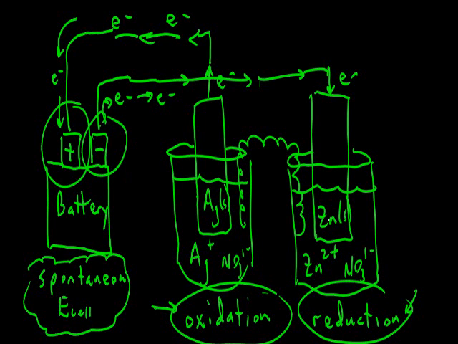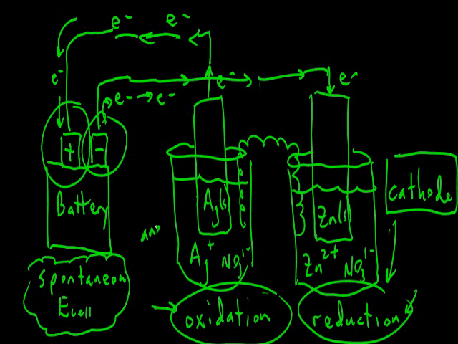Now, as with a spontaneous electrochemical cell, reduction is still the location of what we would label as being our cathode, and the oxidation is still the location of our anode in our non-spontaneous electrochemical cell. One thing that becomes different is the labeling of our positive and negative electrodes for the non-spontaneous cell.